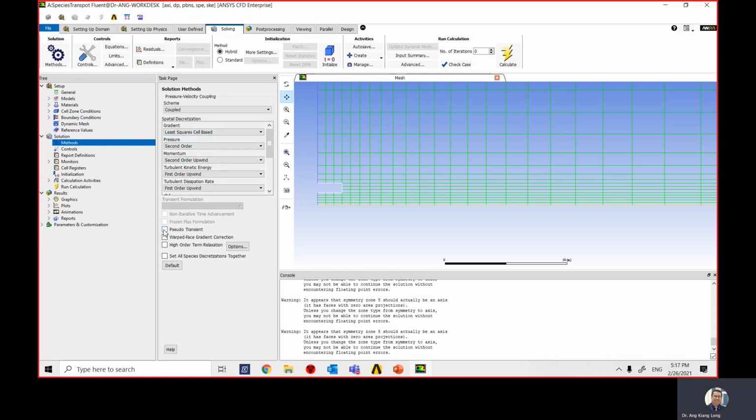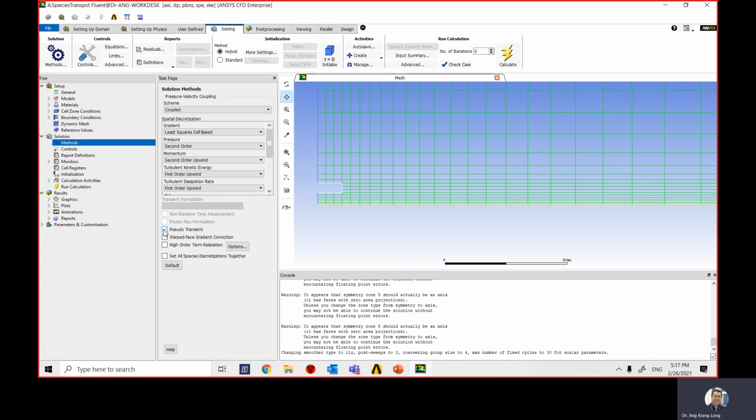And in this case, we will activate the pseudo transient calculation. Now, again, pseudo transient, what does it do? If you enable the pseudo transient, it's going to add a pseudo transient algorithm into the coupled pressure velocity coupling solution method here.